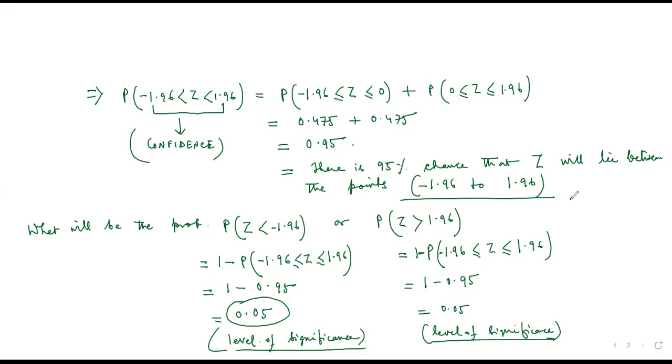Very briefly speaking, level of significance is a kind of probability with which we reject the null hypothesis. 5% level of significance means that from the sample that you have chosen, 5% of the total sample is actually responsible for rejection of the null hypothesis.